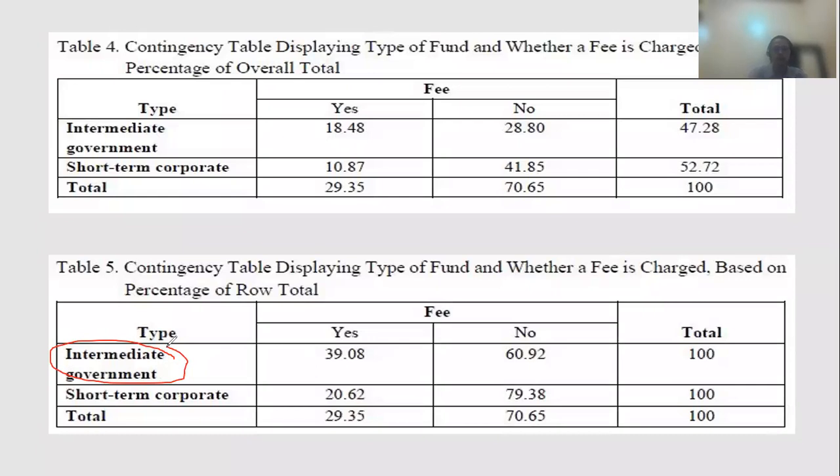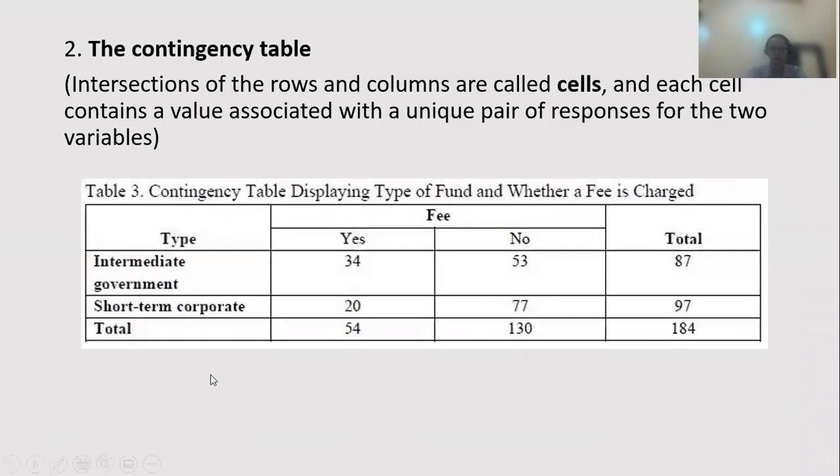So again, we go back to our first table here. There are 34 intermediate government type of fund. In total, there are 87.